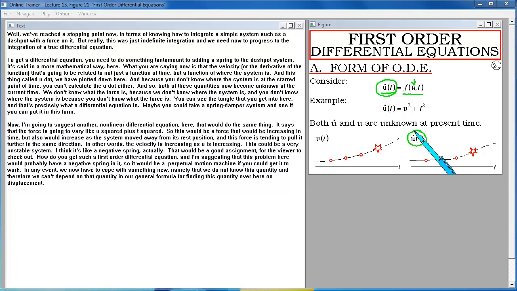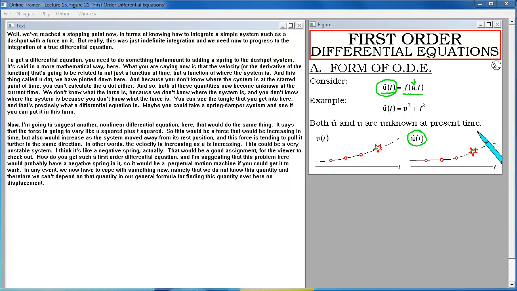Because you don't know where the system is at the start point in time, you can't calculate the u dot either. And so both of these quantities now become unknown at the current time. You don't know what the force is because you don't know where the system is, and you don't know where the system is because you don't know what the force is. So you can see the tangle that you get into here. And that's precisely what a differential equation is.